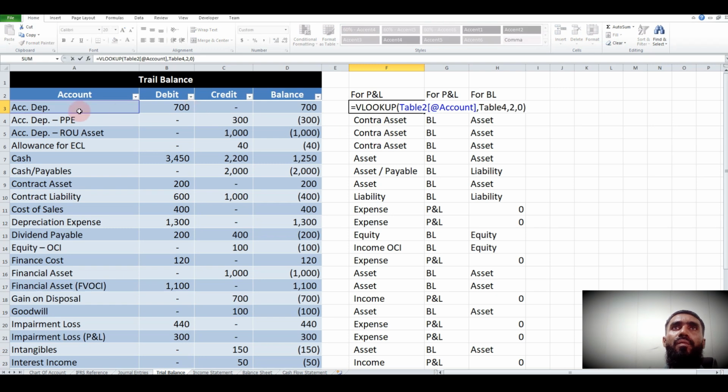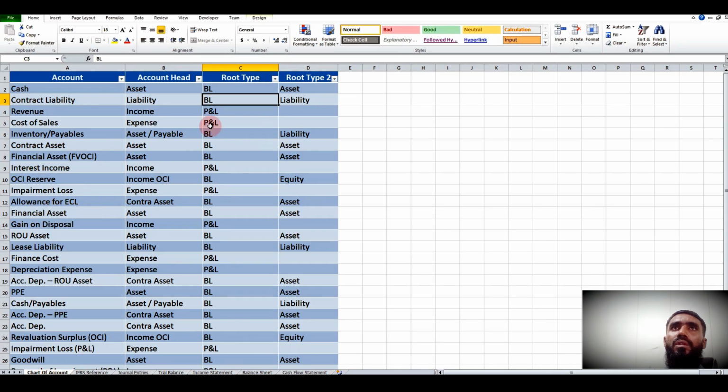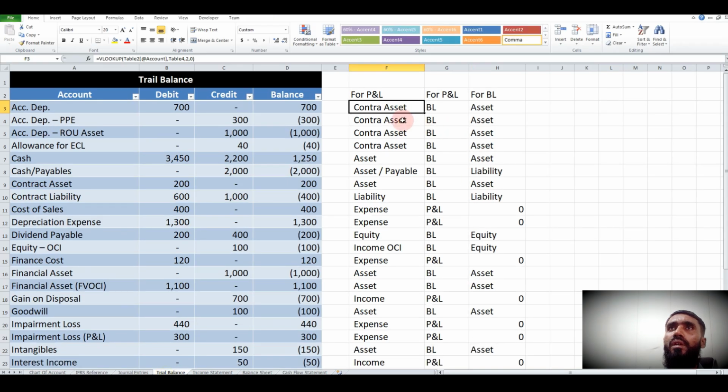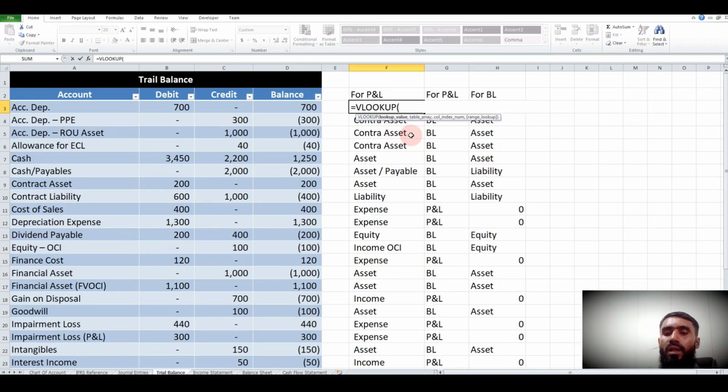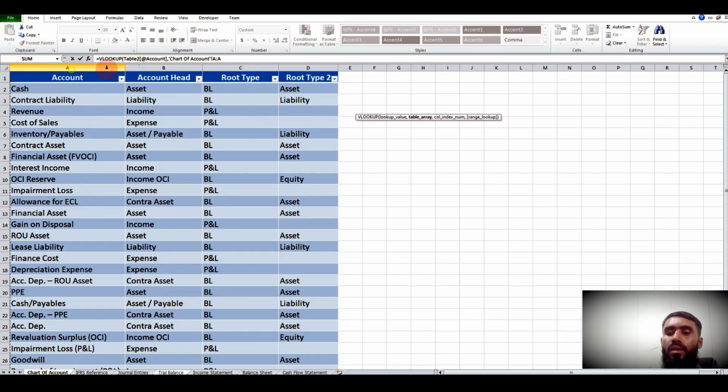That's why I have created this by linking this account with the chart of accounts, table 2. Let me make one thing clear. We use a lookup: select this, comma, the chart of accounts, F4 to fix it, comma.